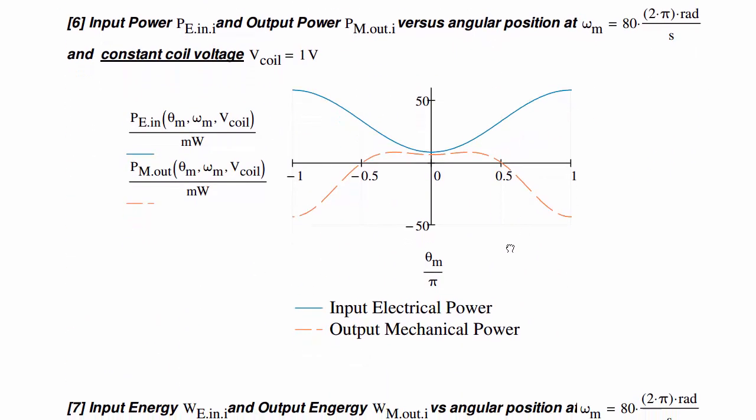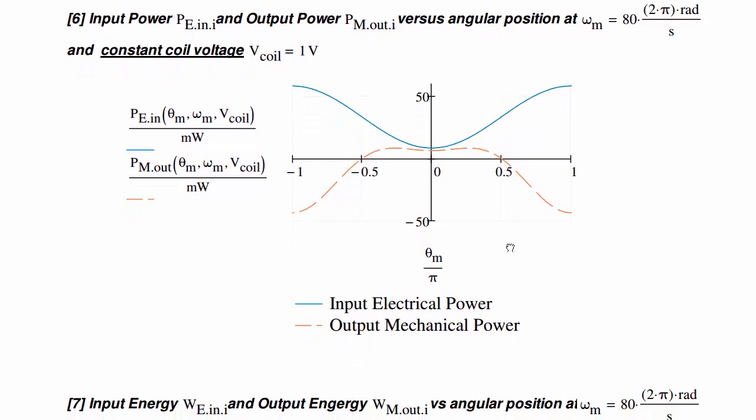So now let's look at the constant voltage case. This is the case that is representative of what we're actually doing in our system. We're applying a constant 1 volt, and we're still using a fixed 80 times 2 pi radians per second. Now we see the input power is this blue.